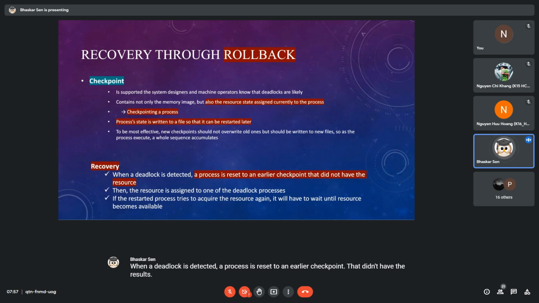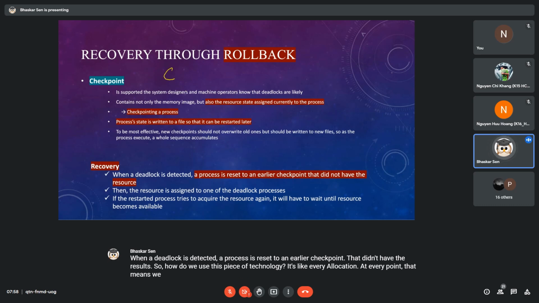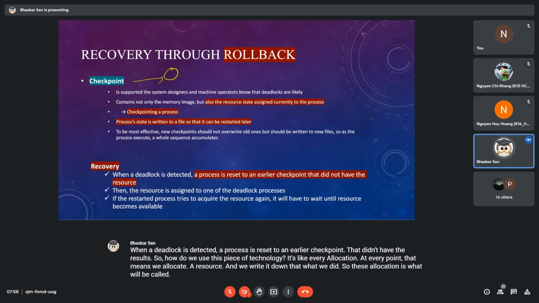So how do we use this technique? At every point, that means we allocate a resource and we write it down, that is what we did. So this allocation is what we'll be calling a checkpoint.